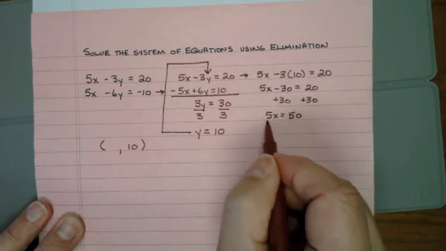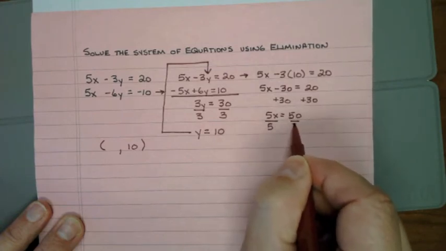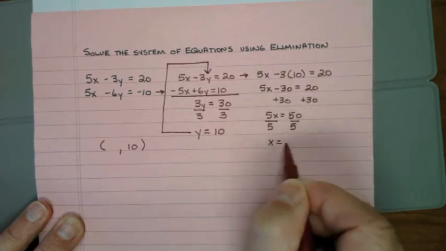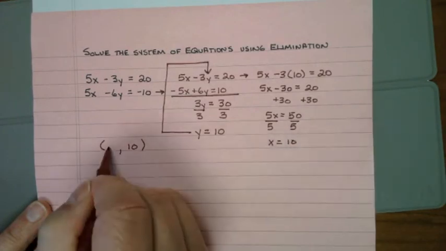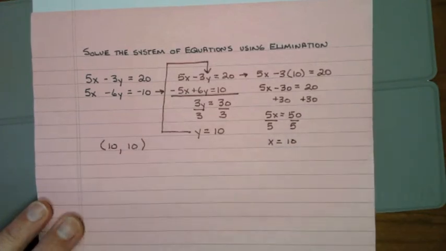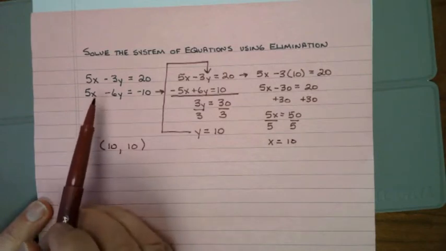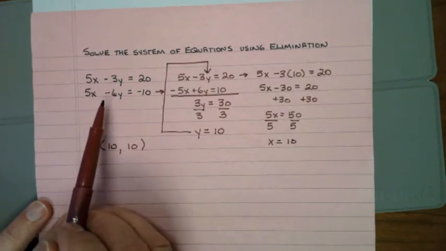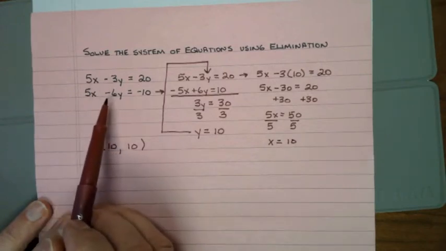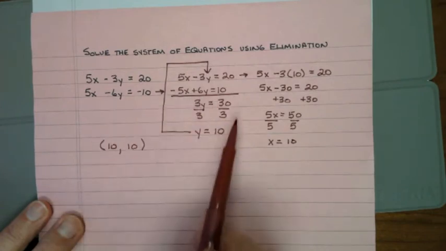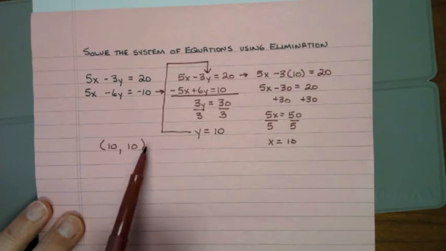Opposite of multiplying by 5, dividing by 5. X is also equal to 10. So I put that in the x spot. If you try to put these together and one of the variables is not eliminated, then you need to change the sign of the bottom one and go through this process here of finding the point where these two lines intersect.